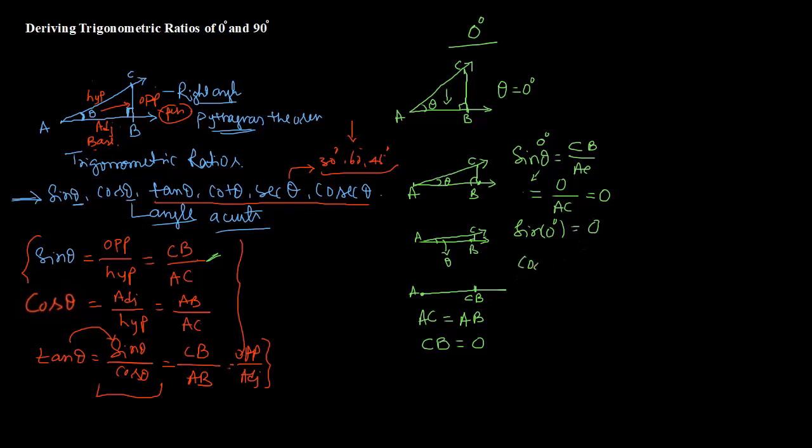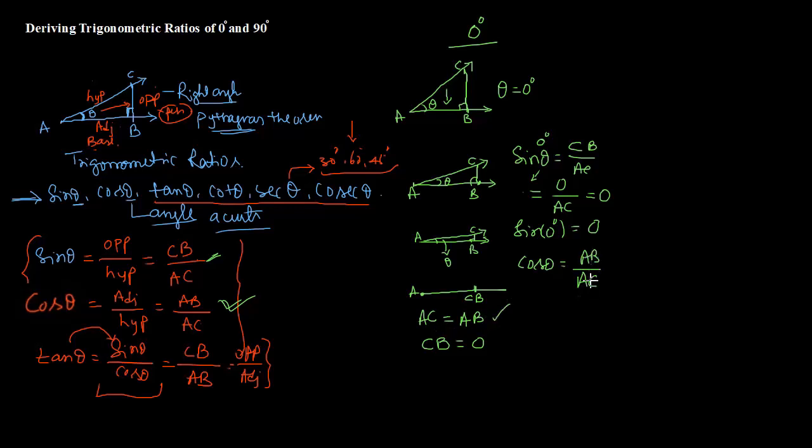Similarly, cos theta will be equal to AB by AC. But remember, when we started reducing the theta angle to 0, AC started lying on AB, because theta was 0 and AC became equal to AB. So that's what we wrote here.